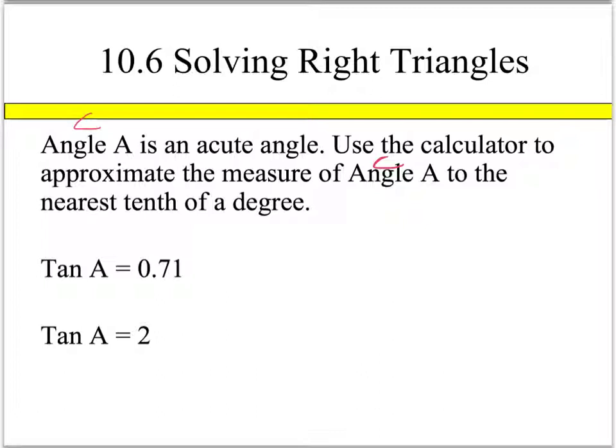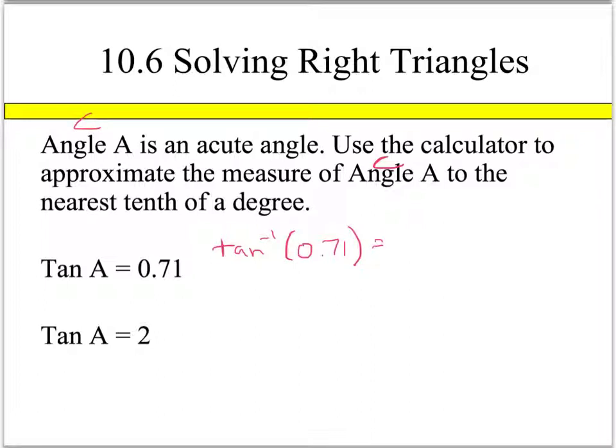So if we look at the tangent of angle A is equal to 0.71, on your calculator, I want you to hit second, tangent, and that should give you tangent to the negative first, and you're going to put in parentheses 0.71 or just 0.71.